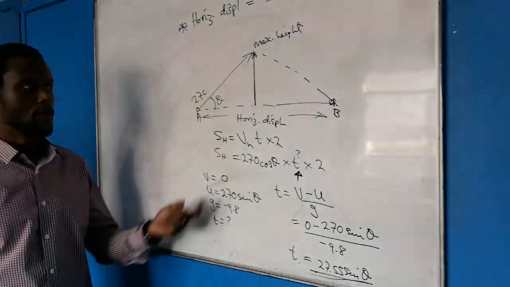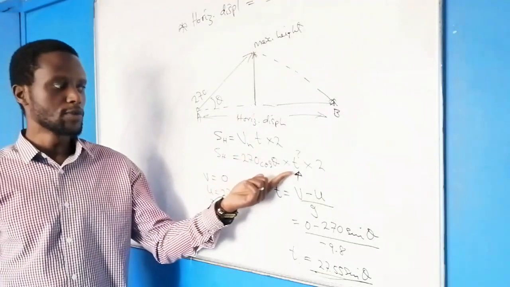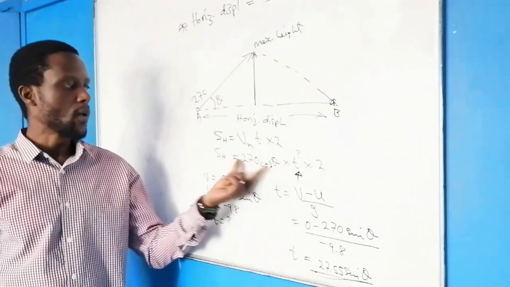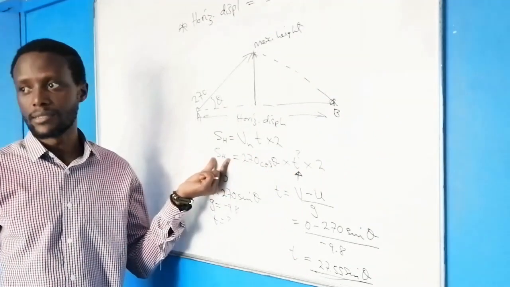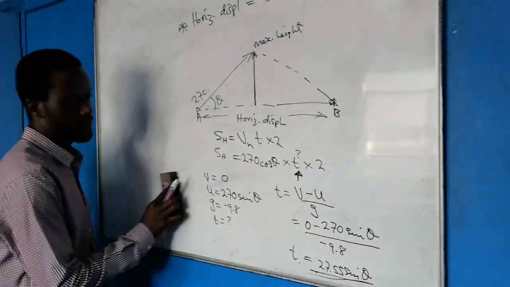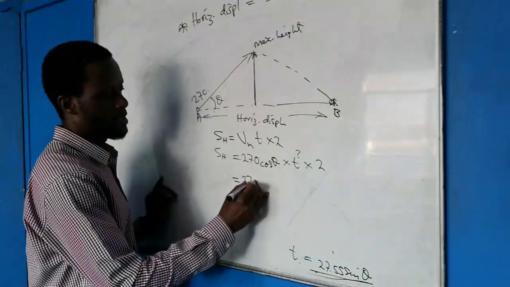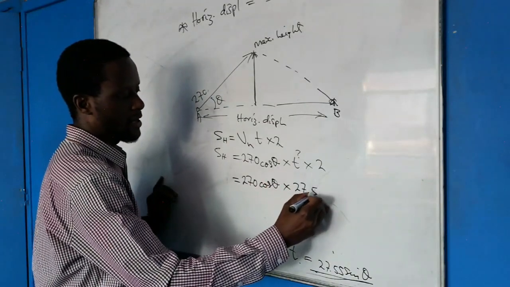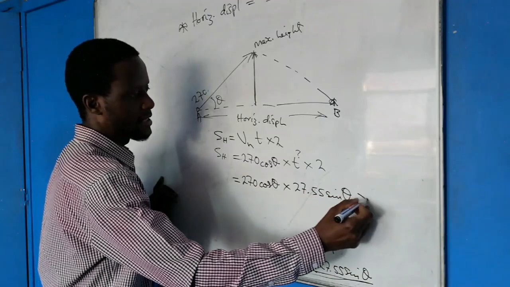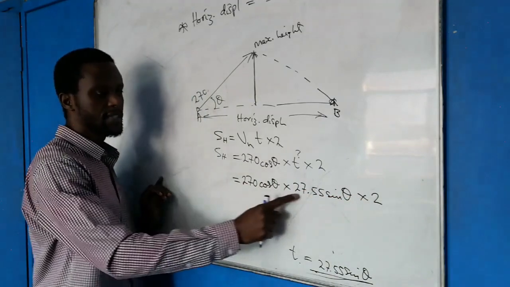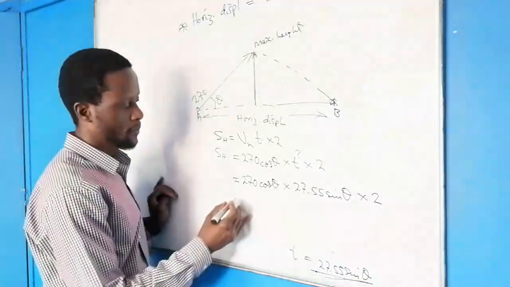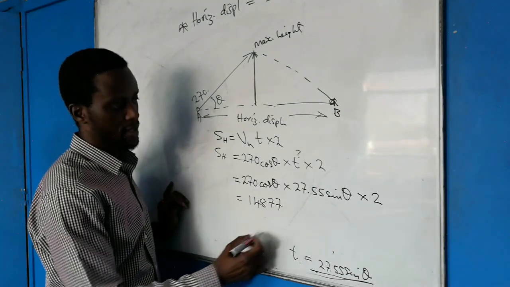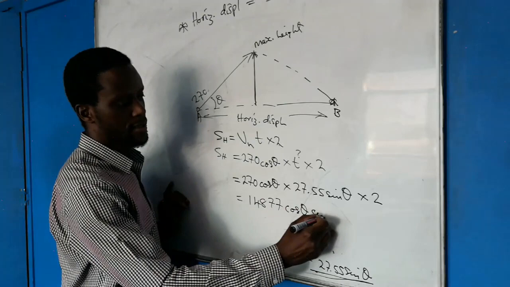We have our time. When you multiply it by 2, it will leave us with theta and theta there. But it is able to give us an idea of the horizontal displacement. Okay, let's do that. 270 cos theta times 27.55 sine theta times 2. 270 times 27.55 times 2 is 14877 cos theta sine theta.